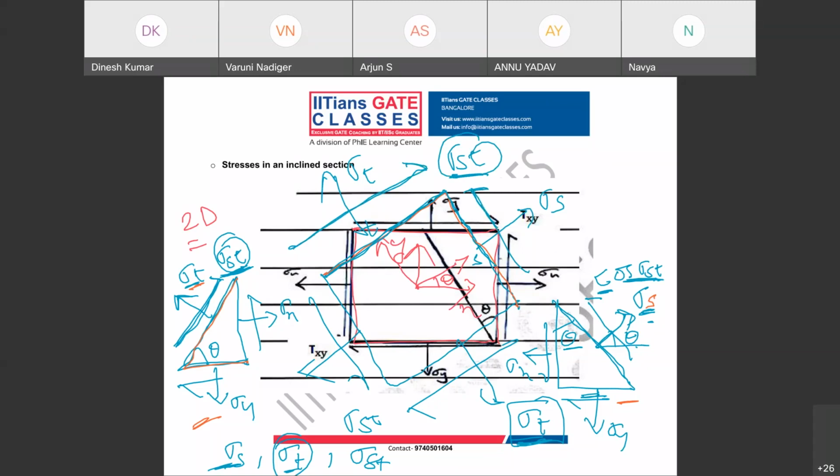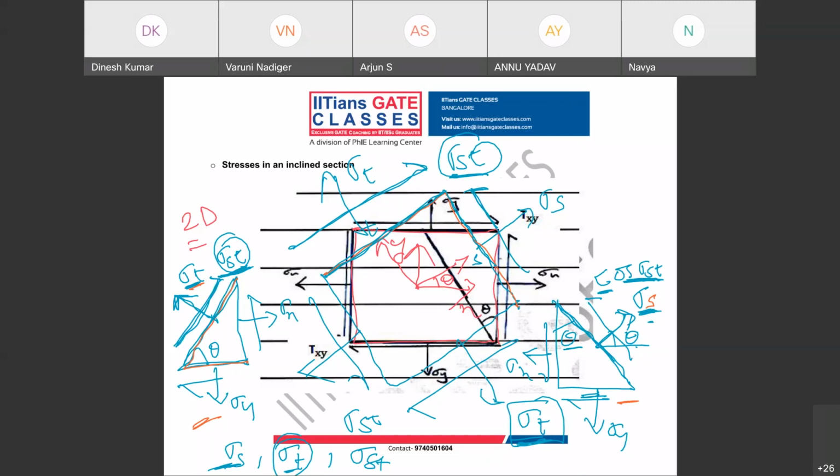So when you do the derivation also, your shear stress corresponding to sigma t and shear stress corresponding to sigma s will be one and the same, because this plane and this plane are perpendicular to each other. Now is it clear, Priyanshi or others? Mr. Shivam, is it clear, yes or no?